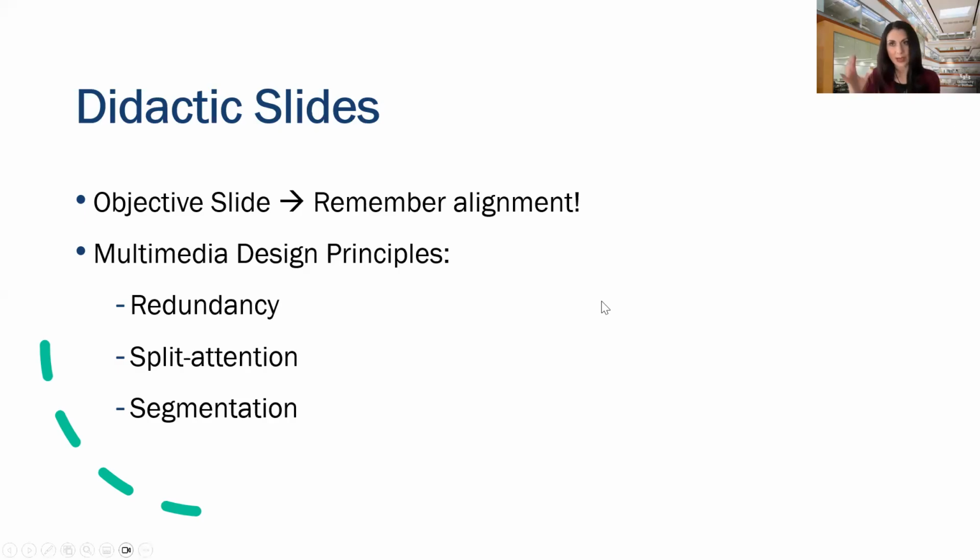And then ensuring that whatever you are looking towards in terms of your assessments or outcomes are aligned with not only the amount of time, but also the activities that you're going to be doing, or how you divide and use your time. And then there are a few different multimedia design principles that can be really helpful. And again, there are some other things that Doug Buller talks about in that lecture series, and a few others that we can share too, if that's an area that you're interested in.